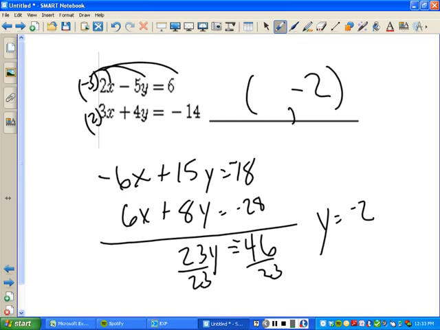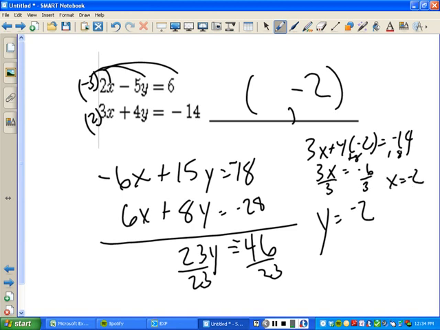Well, plug it in. 3x plus 4 times negative 2 equals negative 14. 3x, add 8 equals negative 6. X equals negative 2. So it looks like you get two answers, negative 2 and negative 2. Any questions on that?